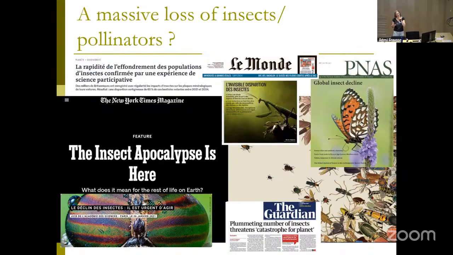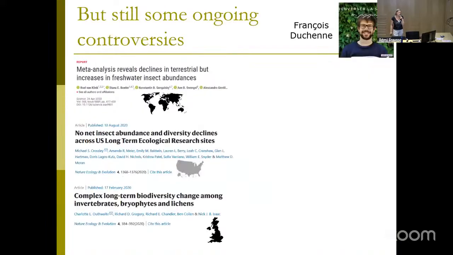So there seems to be a consensus on this decline of insects, yet there is still some ongoing controversy on whether insects are declining or not. And to illustrate that, you have here 3 scientific publications that appeared roughly at the same time in different regions and on different groups. The first one at the global scale was a meta-analysis of time series that demonstrated decline in terrestrial invertebrates or insects, although the paper did not include insects only, but increases in freshwater insects.